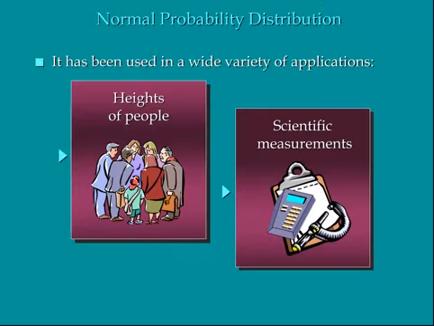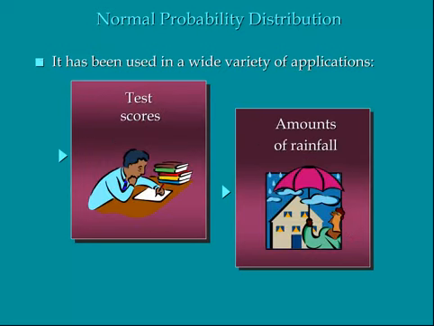The heights of people and scientific measurements can quite often be well described with the normal distribution. Test scores and amounts of rainfall can quite often be modeled by the normal probability distribution, but it's a good idea to test your assumptions as well. We'll talk about testing these assumptions later on.